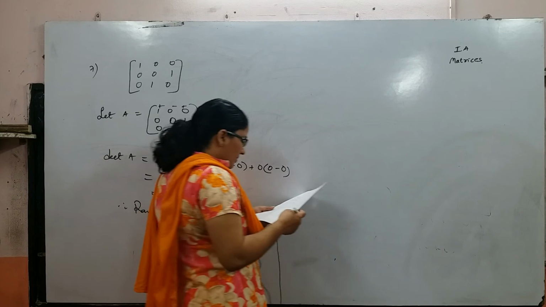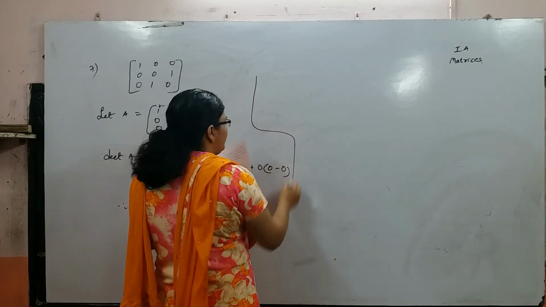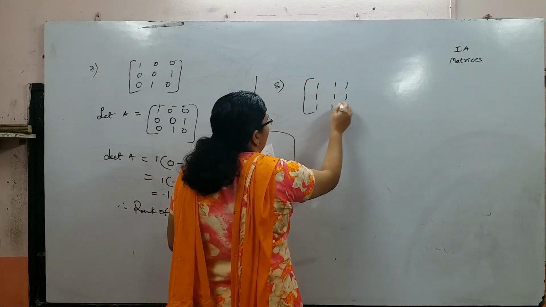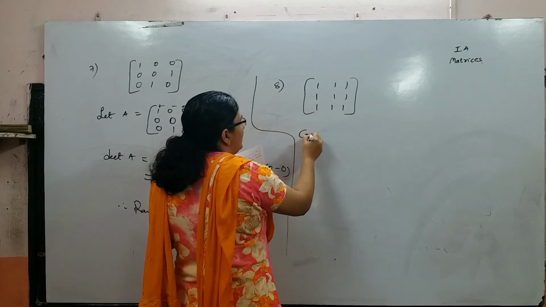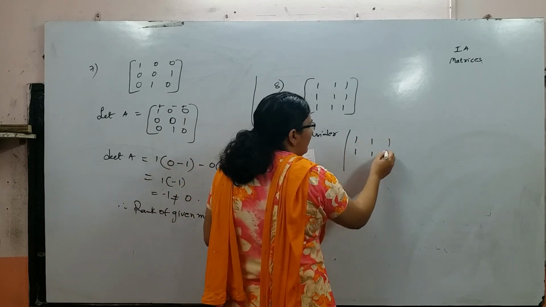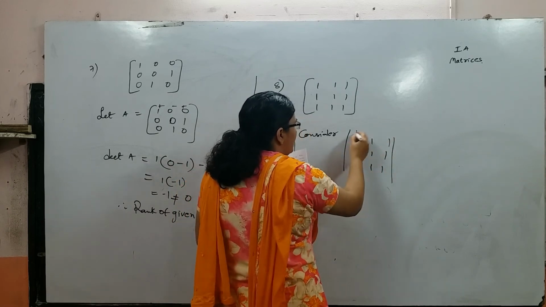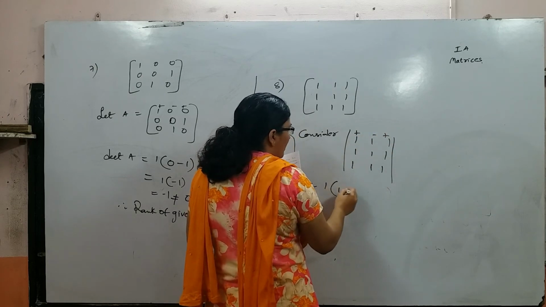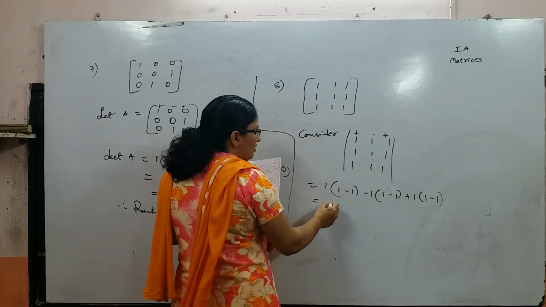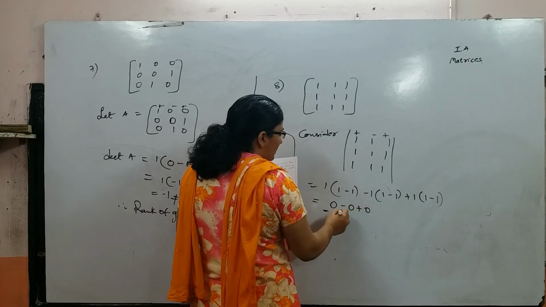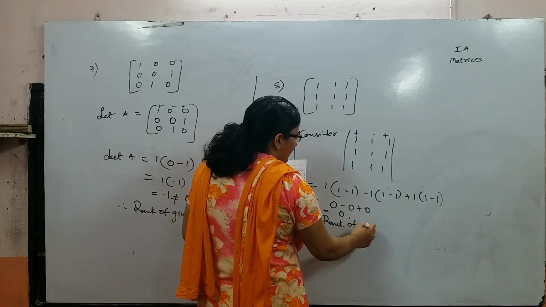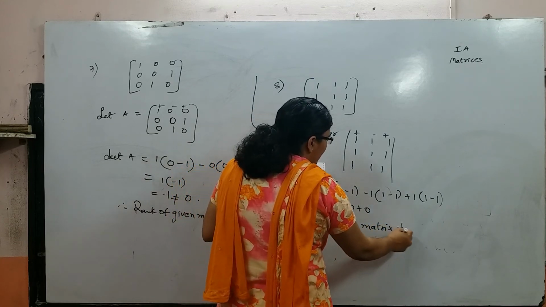Let us discuss one more problem. 1 1 1, 1 1 1, 1 1 1. Consider the determinant of this matrix, plus minus plus, 1 into 1 minus 1, minus 1 into 1 minus 1, plus 1 into 1 minus 1. That will give you 0 minus 0 plus 0, which is 0. Therefore, the rank of the matrix is not 3.